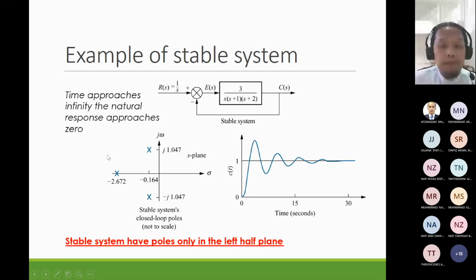If you look at the poles plotted here, all of the poles are located on the left half plane of this S-plane, or all of the poles are negative in value. So a stable system has poles located in the left half plane. When you have poles located on the left half plane, the system is stable.